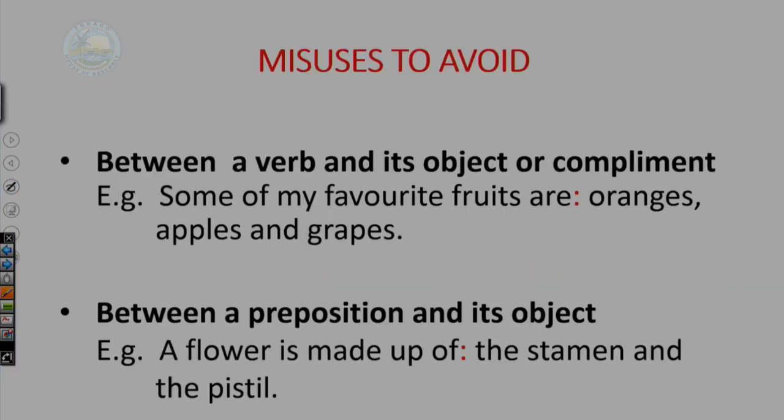Another signboard. And this signboard warns us about misuses. Misuses to avoid. We don't want to misuse punctuation marks. It is saying that we do not use a colon between, and I want to emphasize the word between, a verb and its complement or the object.